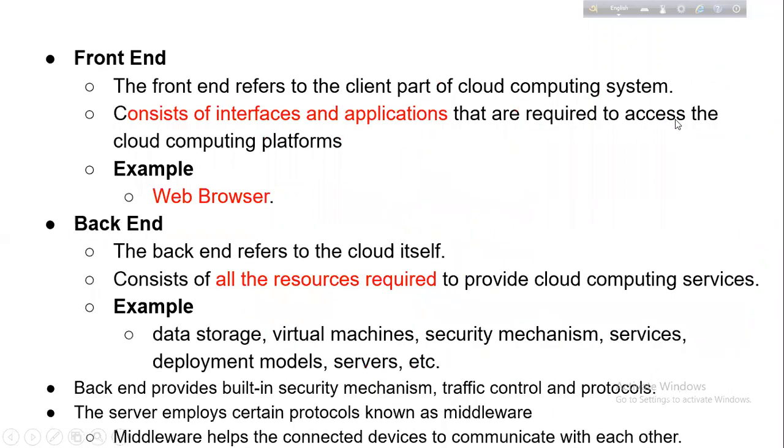The front end refers to the client part of the cloud computing system. It consists of interfaces and applications that are required to access the cloud computing platforms, for example, the web browser.